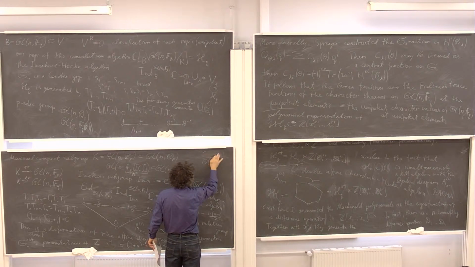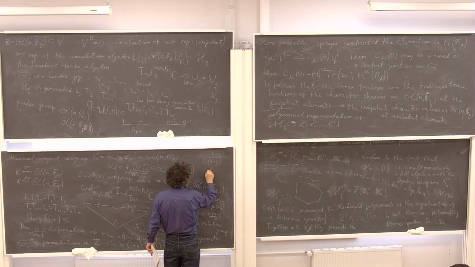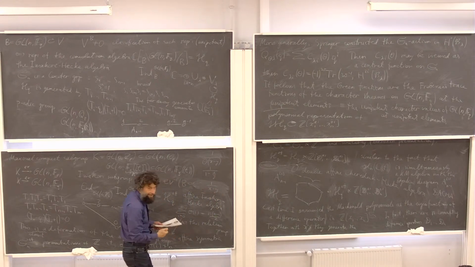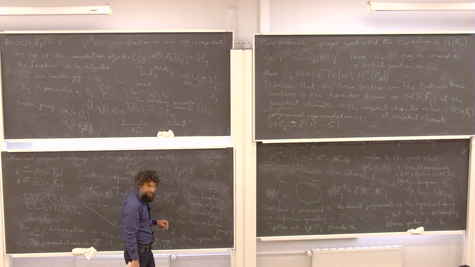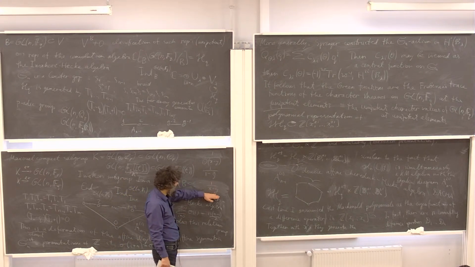Maybe I shouldn't put anything in the numerator. x minus y, and then 1 over 1 minus x over y, or 1 minus x minus y. Say, Pyatov and Saponov are very fond of R matrices which have something like this, or something like that. But there are elliptic R matrices which have something like this.